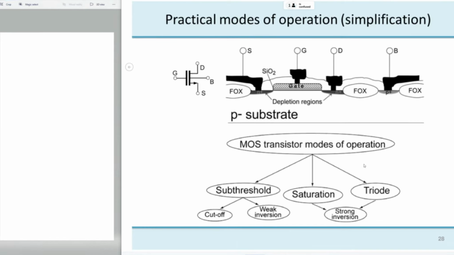Right. Now, the modes of operation, just briefly. For most transistors, we distinguish several modes with respect to the gate voltage. So we have the subthreshold mode of operation. If the gate is lower than the threshold voltage, the transistor can be in cutoff region, or if it approaches the threshold voltage but does not exceed it, we are in a weak inversion mode of operation.